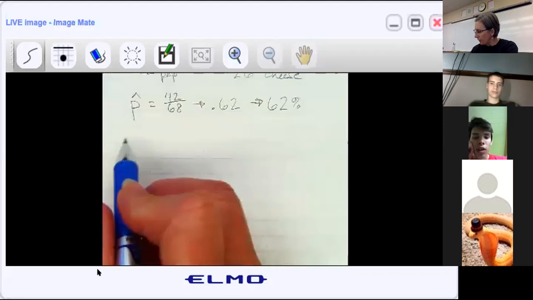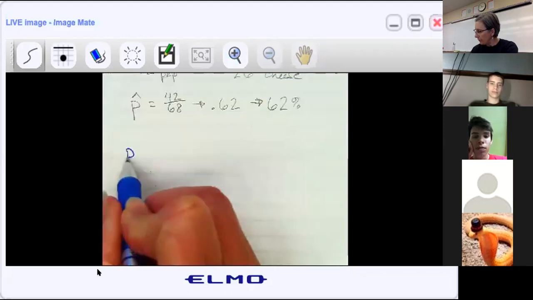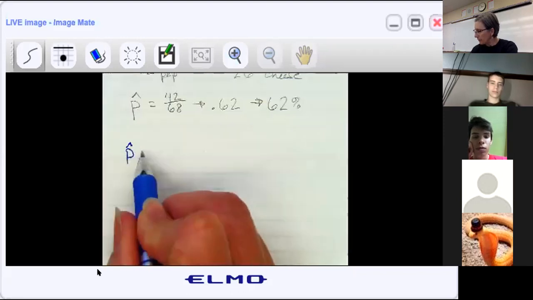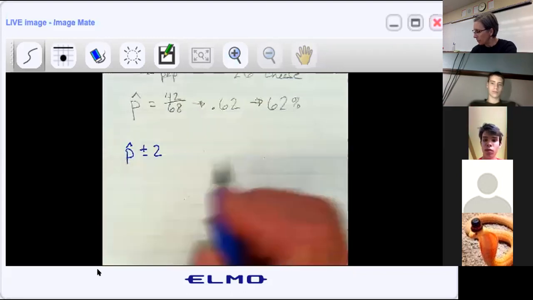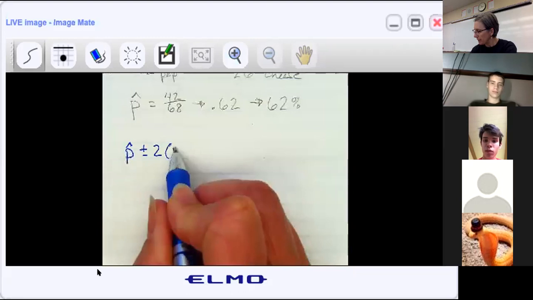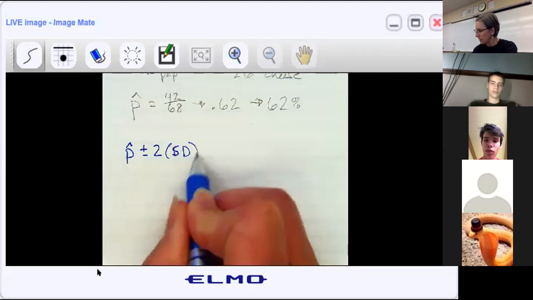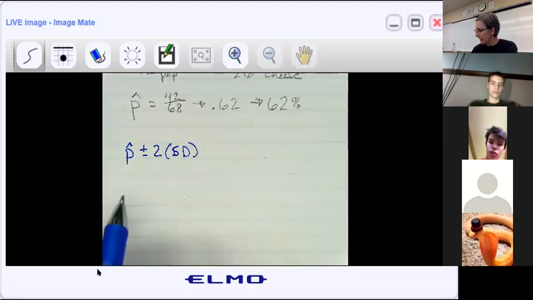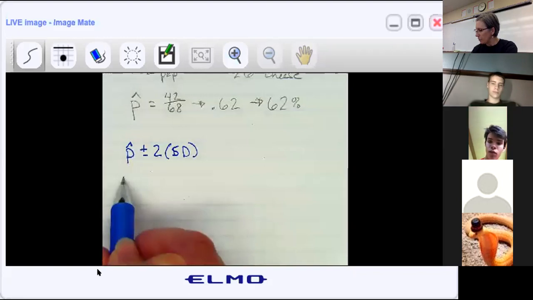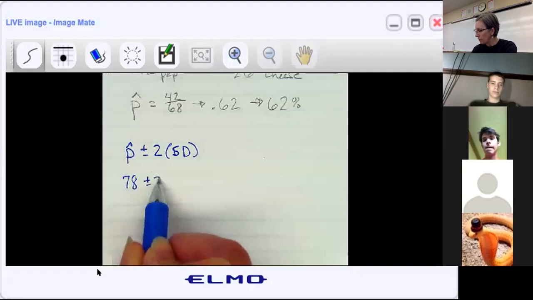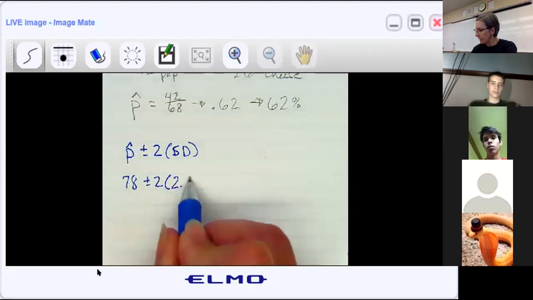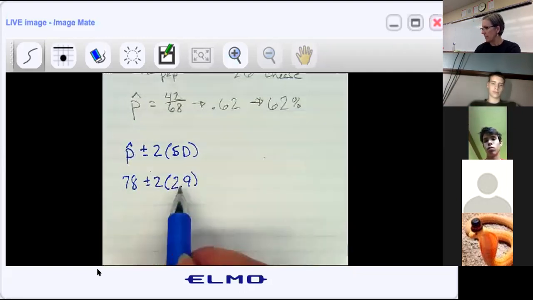Okay, so it's the p-hat value and then plus or minus 2 of these standard deviations, which aren't on here. I'm going to put SD for standard deviations. So in that example, that was the 78, which was the p-hat value, plus or minus 2 of the 2.9s. And the 2.9 was that standard deviation that we calculated using the p-hat formula.